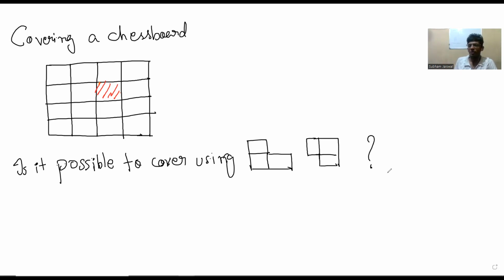Covering means that you use this shape only, and obviously no overlaps, otherwise it's trivial. So maybe the better word is to tile, not cover. So let's say that I've removed the red one for a minute, and let's see if you can cover it in this case. Yeah, then we can. Yeah, but any one type.